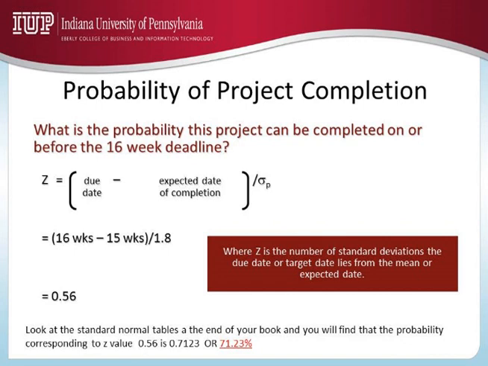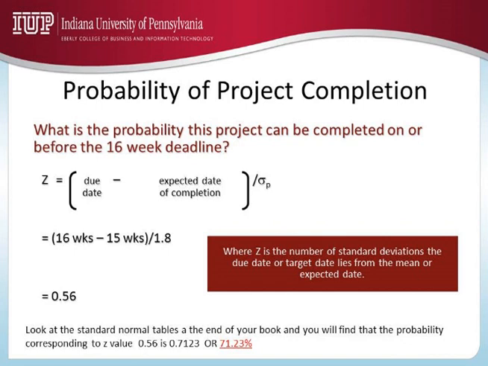The simple thing you would do is go again back to the normal table and then find out what is the z value corresponding to 95%. Simple. Just change the formula. It will be z times sigma standard deviation plus the expected date of completion is equal to the due date. Instead of looking at the percentage of probability corresponding to a z value, you're given the probability, which is 95%, you find out the z value.